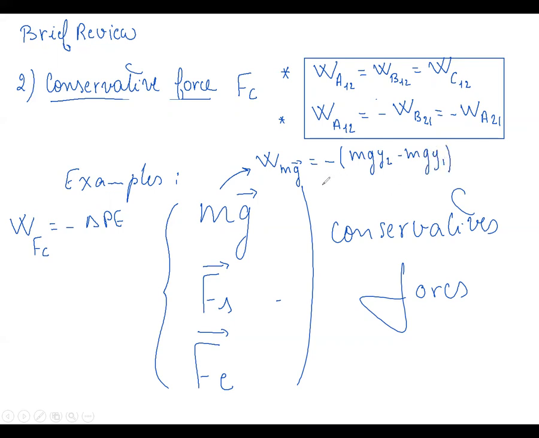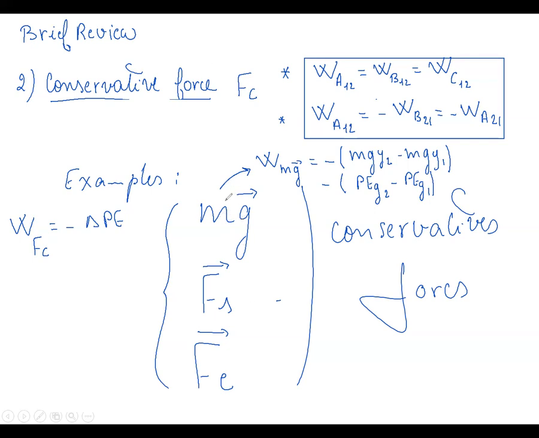This is minus the final gravitational potential energy minus the initial gravitational potential energy. This is with respect to mg.